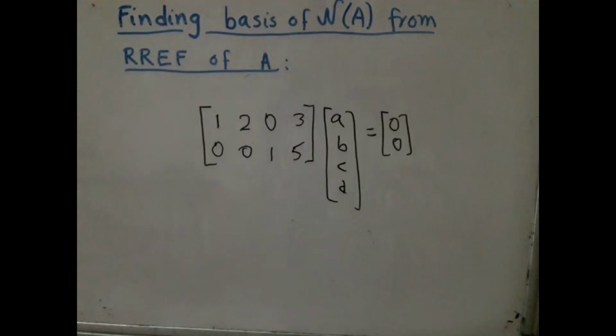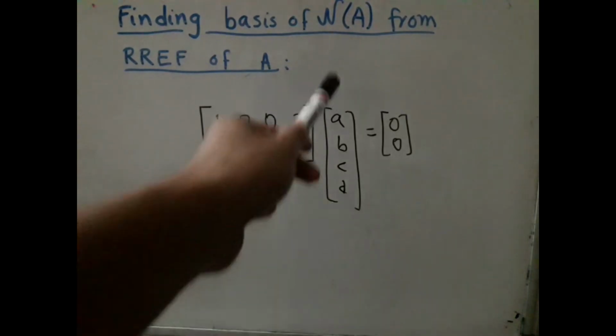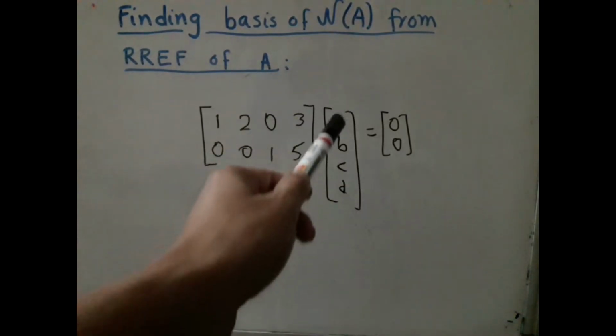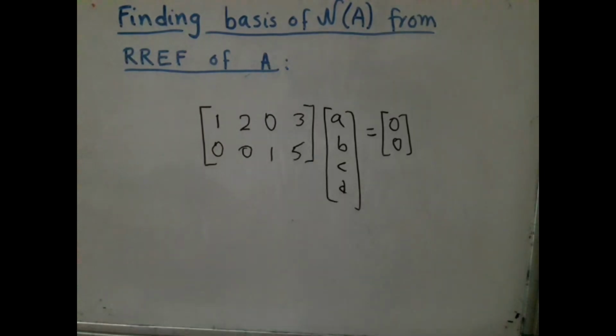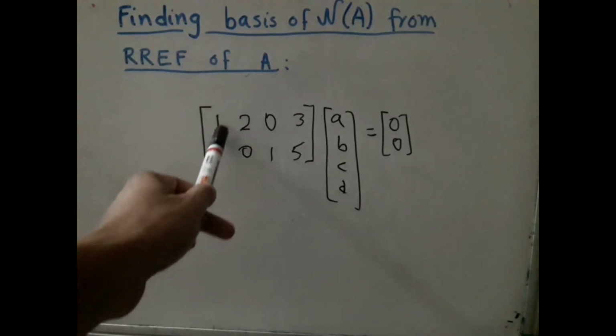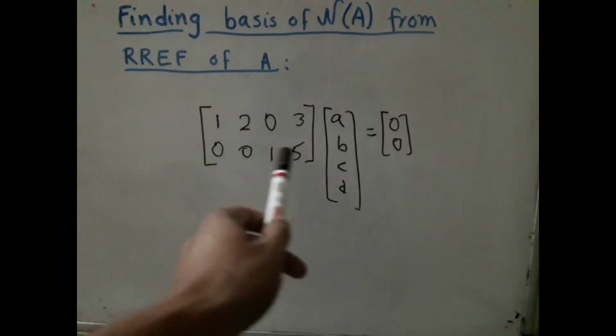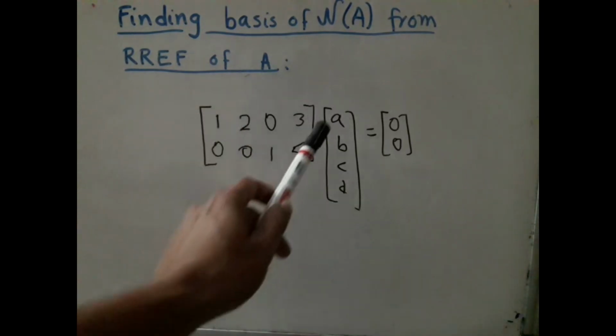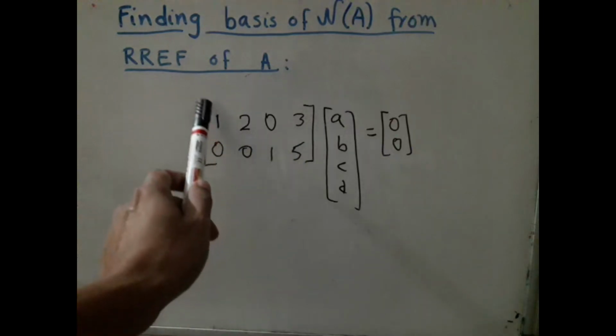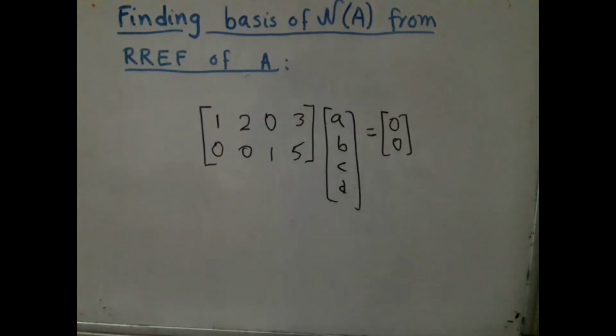For a vector to be in the null space of this matrix, it must satisfy this equation. So A, B, C, D. Now, I have 1 and 1 here, the leading ones. As a result, I can express my variables A and C, the first and the third, in terms of the other two.